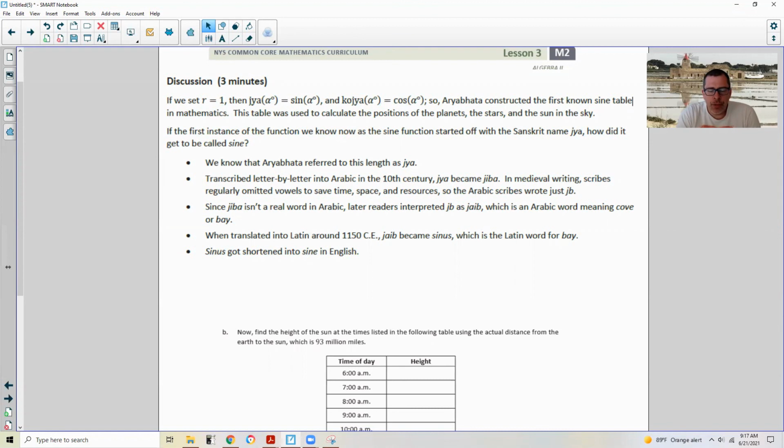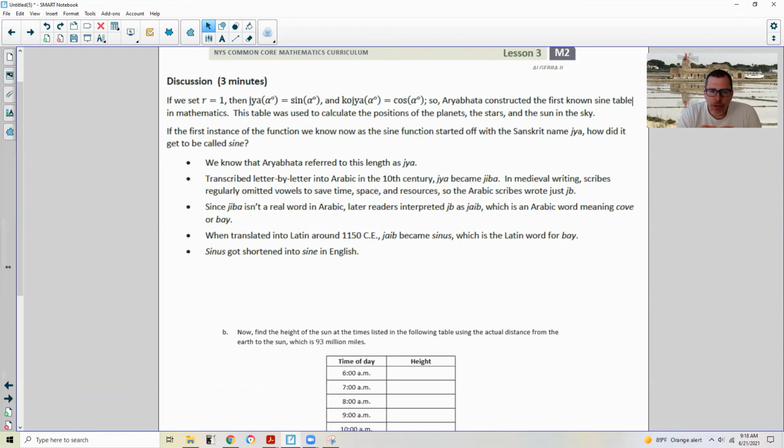Okay, so here is where sine came from. We know Aryabhata referred to this length as jya. Transcribed letter by letter into Arabic in the 10th century, jya became jiba. In medieval writing, scribes regularly omitted vowels to save time, space, and resources. So Arabic scribes wrote just JB.